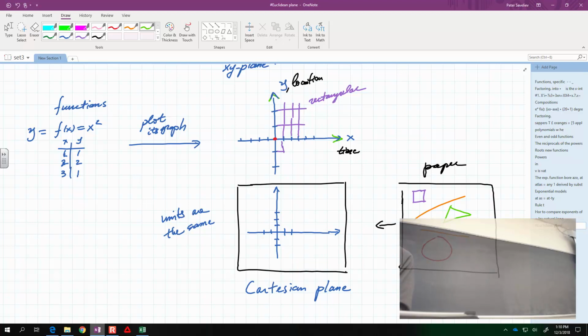So anyway, what happens is we take this picture. The idea of what we are about to do is to take the xy plane, well, the Cartesian plane that we already know, and superimpose it, which I'm going to try now, on our piece of paper.